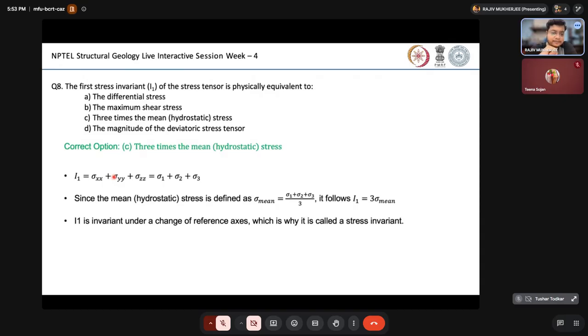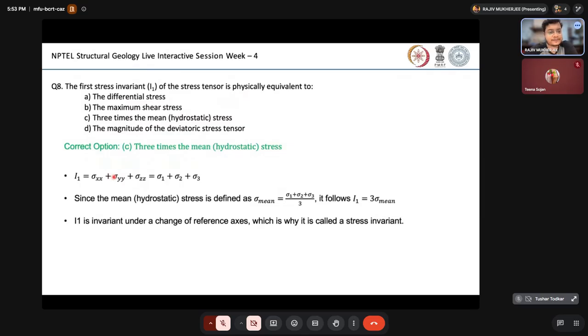Did you get the point? So essentially, if you know the deviatoric stress, you can calculate the differential stress, because differential stress is twice the deviatoric stress.